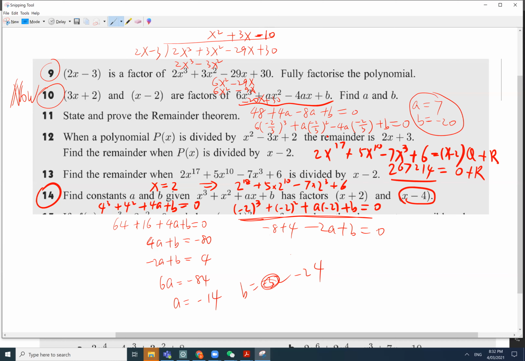So fully factorize. Fully factorize, huh? Well, that's fully factorized, huh?